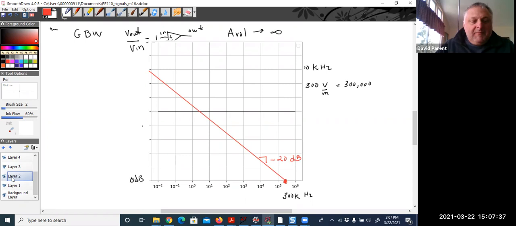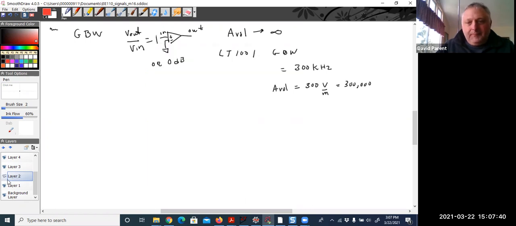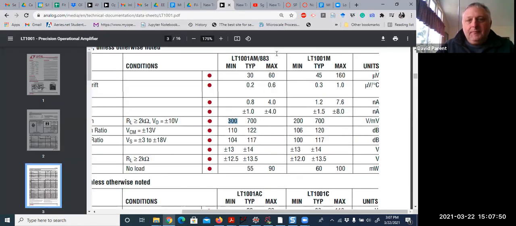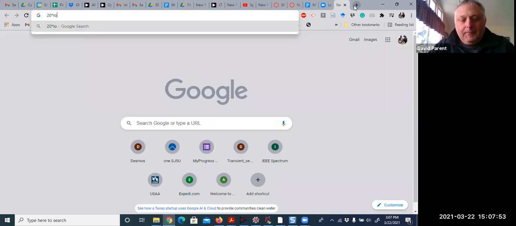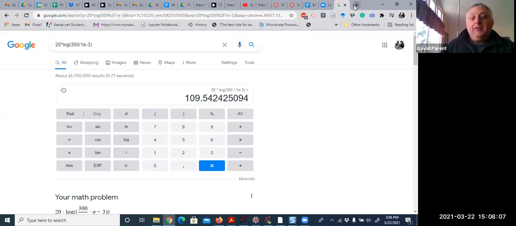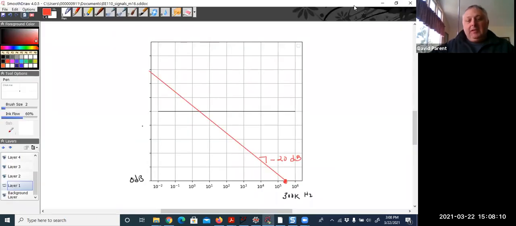And so we get 109 dB. That's probably easier to just round up to 110, but let's just scale it in here or draw it in.